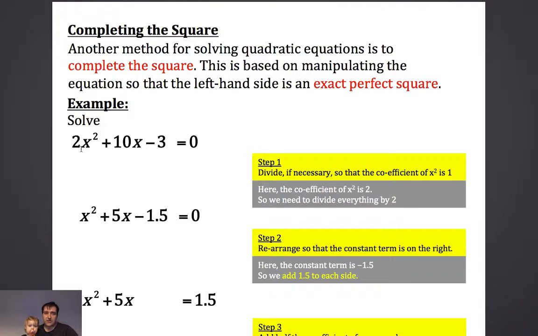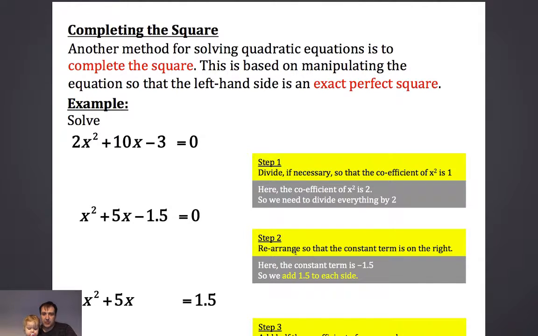So what I've done is divide everything, both sides, by 2 to get x squared instead of 2x squared, 5x instead of 10x, minus 1.5 instead of minus 3, and on the right-hand side it's still 0 because 0 divided by 2 is 0.